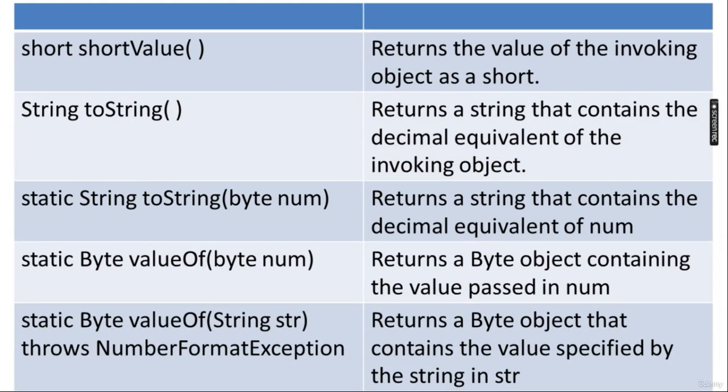Short value returns the value of the invoking object as a short. String toString returns a string that contains the decimal equivalent of the invoking object.